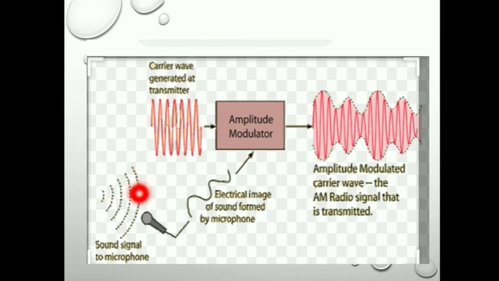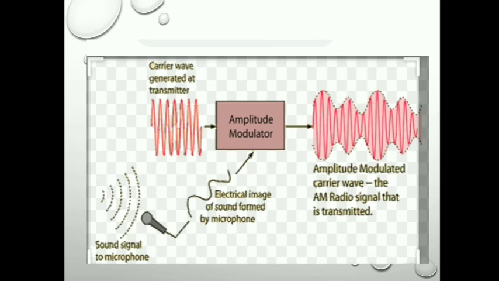The sounds are converted into an audio signal with the help of microphones, and those electrical signals are fed into the amplitude modulator. So both are combined and the modulation process takes place. It will produce the amplitude modulated carrier wave. So the result is an amplitude modulated signal.